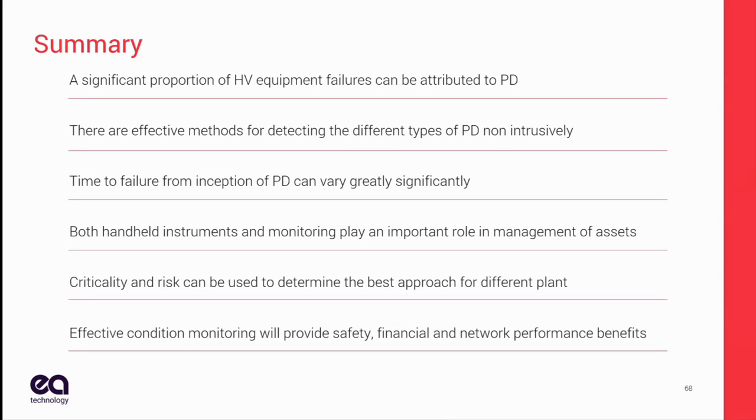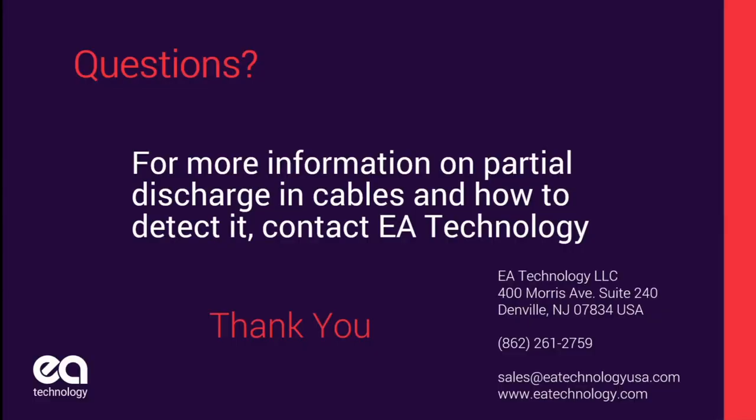So criticality and risk are going to be your approach to determine which cables get which type of monitoring. And full-time condition monitoring is going to help you with your safety, number one, financial, your network performance, your reliability. All those things are going to help. More data always helps. So that's the end of the presentation.